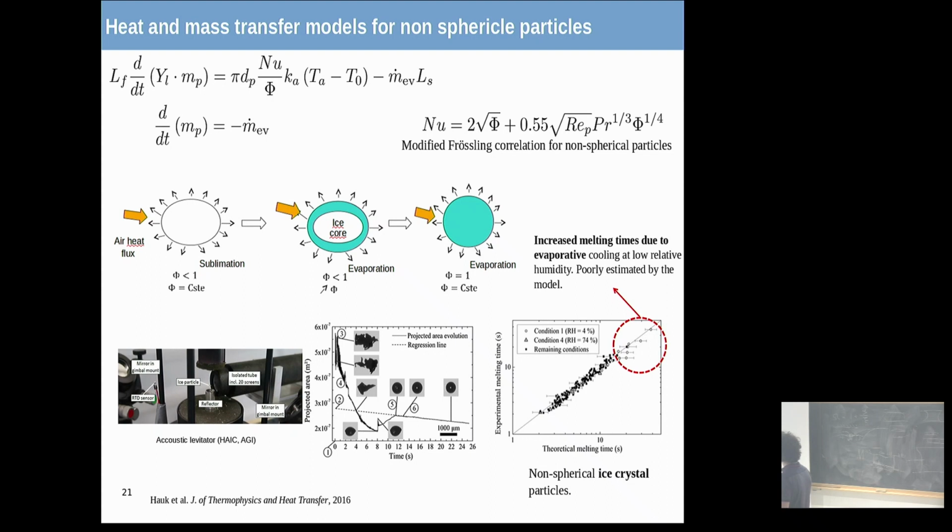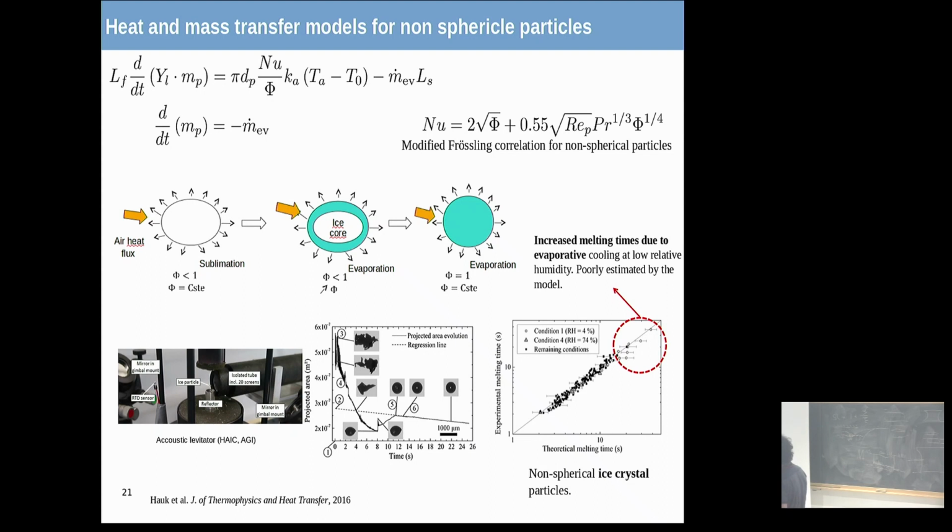And here is the law for heat and mass transfer for the particle, very simply, where the changes have to be made at two positions. First, we had to modify the exchange surface of the particle, since it has been enlarged due to the complex shape. And this is taken into account by phi.